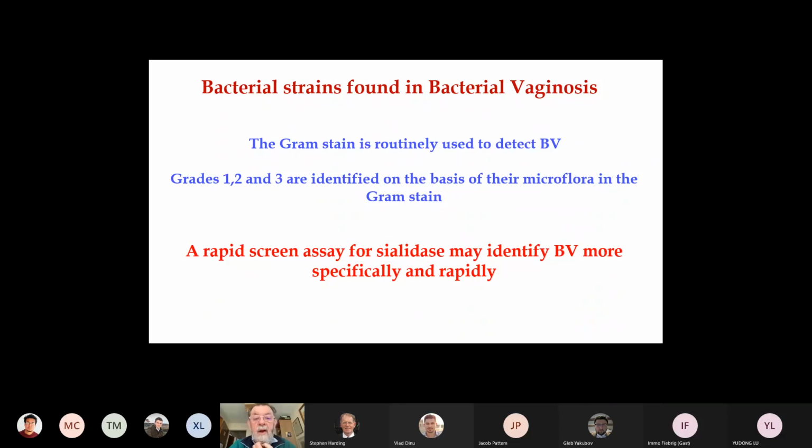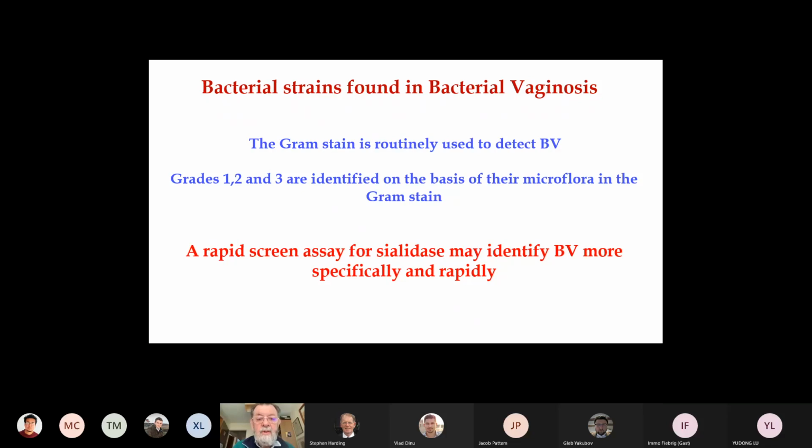So the clinical background to this is that the routine method used in clinics is the Gram stain. The Gram stain is a chemical stain.